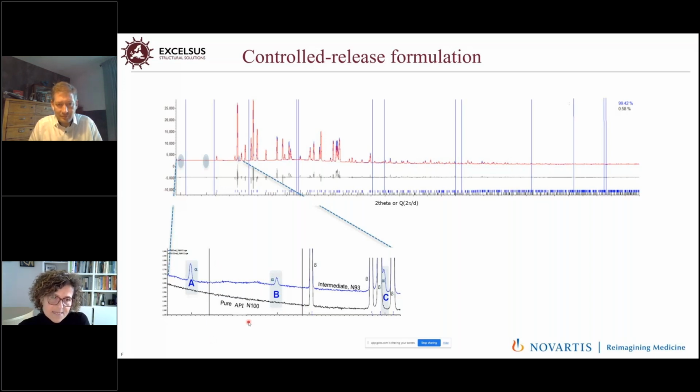but we detected other peaks. Here they appear quite evident, but these are really zoomed in a lot, so they are very, very small peaks, and in some samples even much smaller. And these peaks were not explained by this hydrated form.